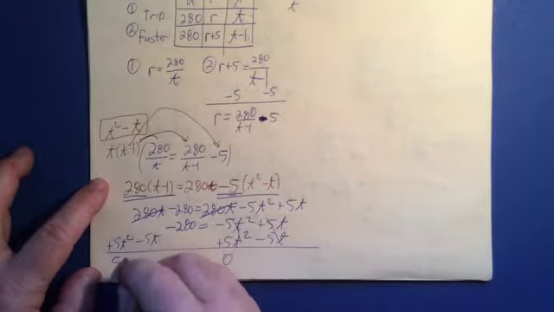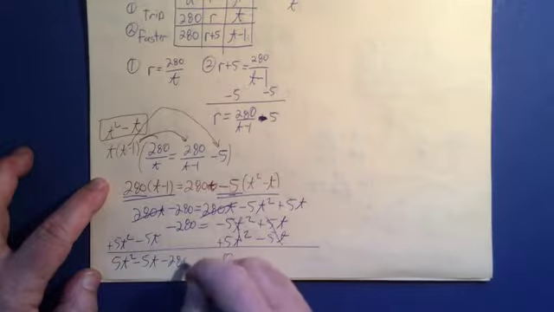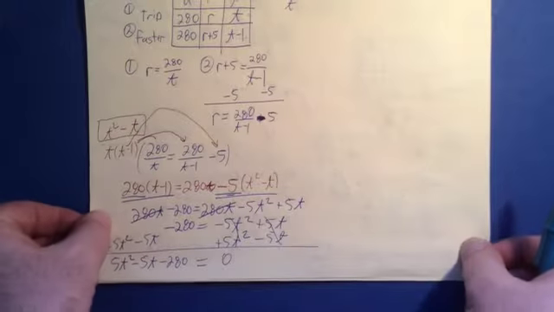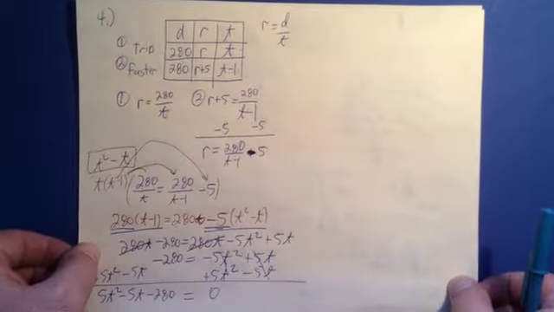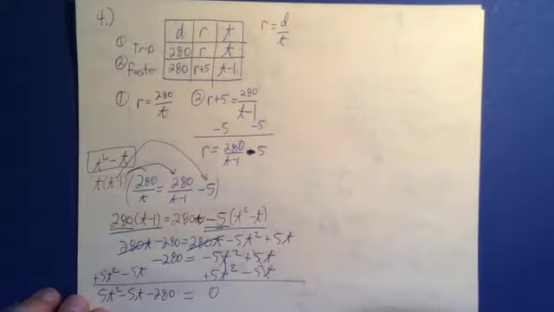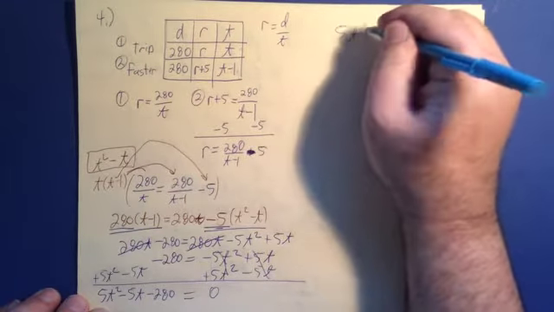And this will give me 5t squared minus 5t minus 280 is equal to 0. So that's the quadratic equation I get for this, which I'm going to begin to simplify here. I'm going to make sure that everything is in the image of the camera and continue on with this. So now I'm going to bring this original quadratic equation up here.